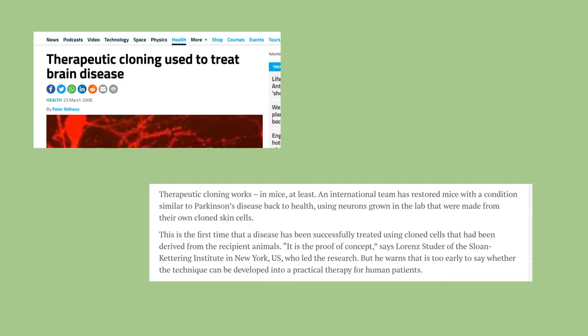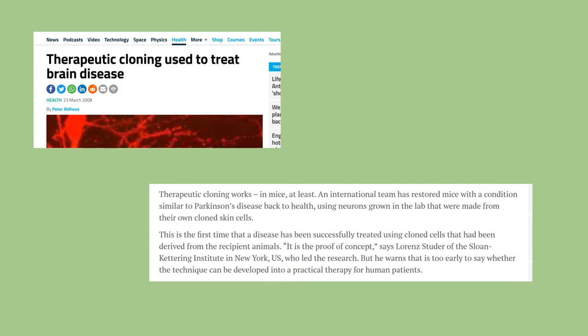So they took the cells from the mice, they created embryos using them, and then they used the stem cells to cure a condition with the mice's brain. This is the first time that a disease has been successfully treated using cloned cells that had been derived from the recipient animal. It is a proof of concept, said Lorenzo Studer of the Sloan Kettering Institute in New York, US, who led the research.